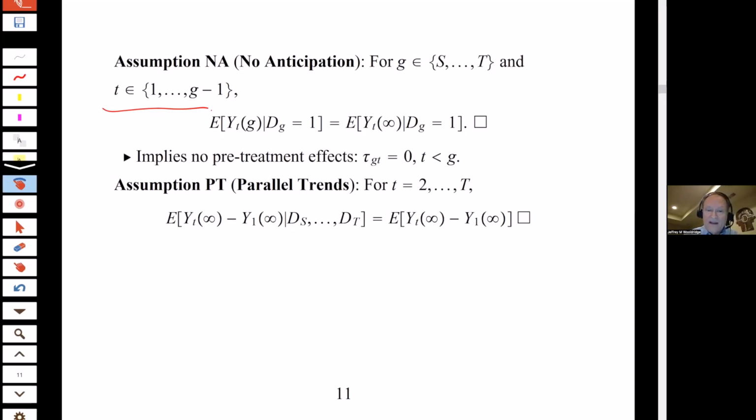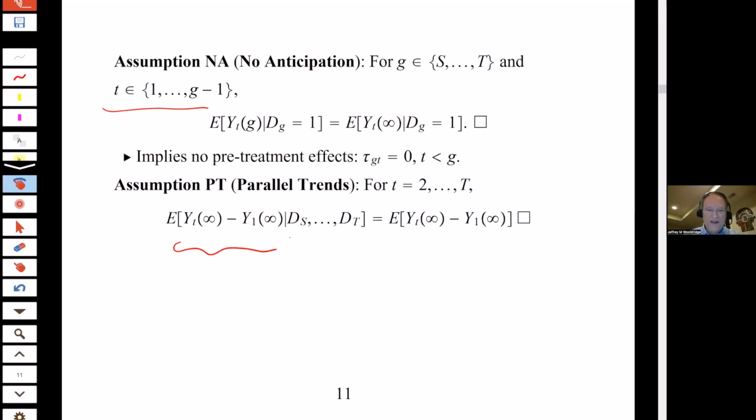Then there is the parallel trends assumption, which says that in the never treated state, essentially the selection into cohort, so when a unit is first subjected to the intervention, is not systematically related to the trend. Now it's useful to remind you that this is the real benefit of having repeated observations.